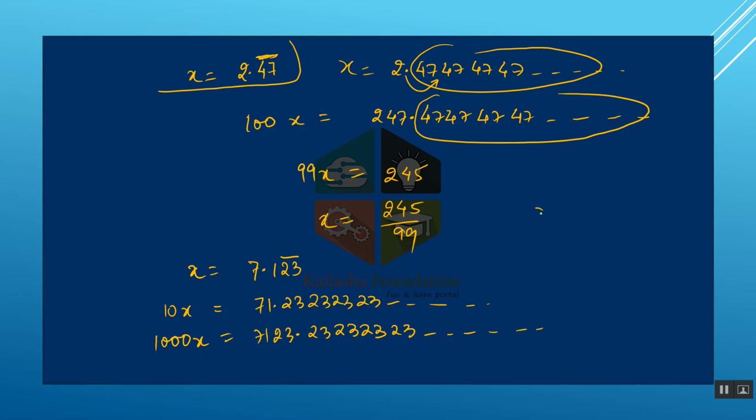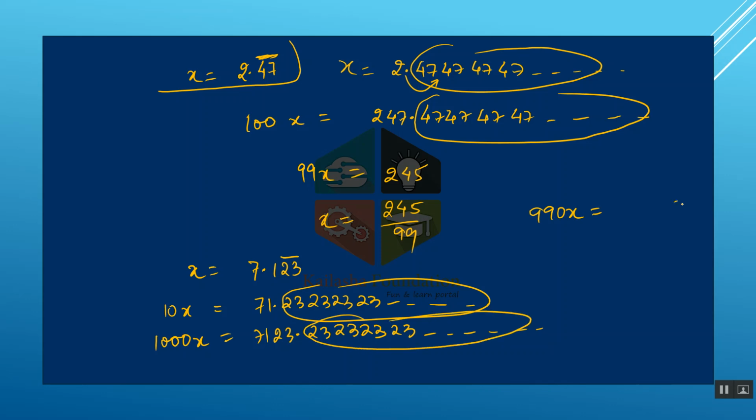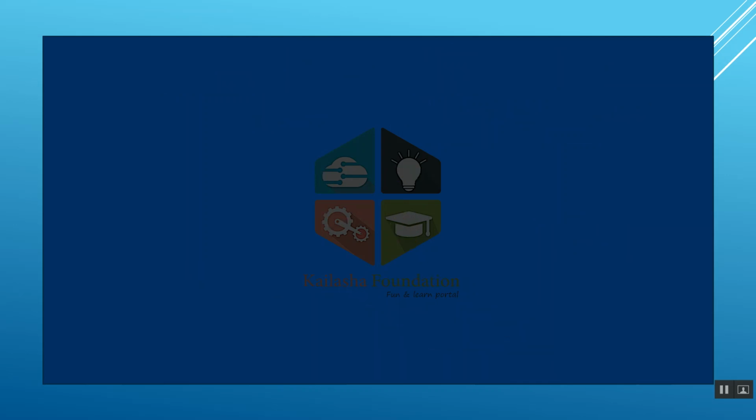Now we subtract, so 990x is equal to 7123 minus 71, that is 7052, since this part is the same and cancels out. x is equal to 7052 upon 990. You can cancel out the common factors. So this is how you evaluate recurring decimals.